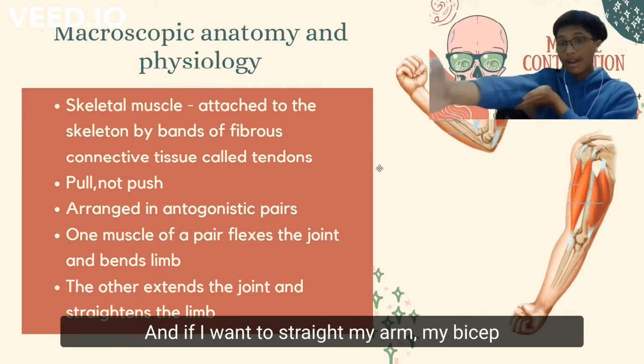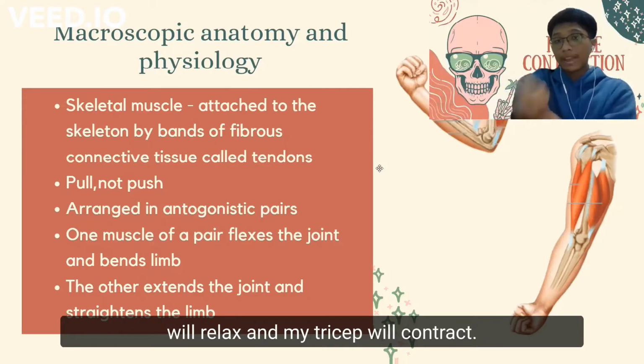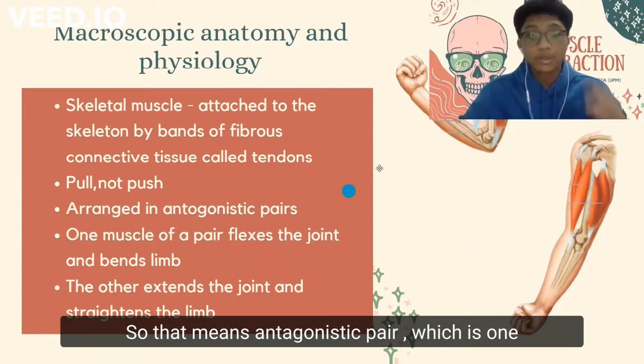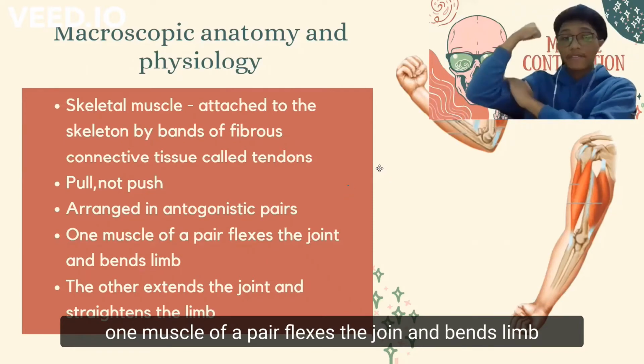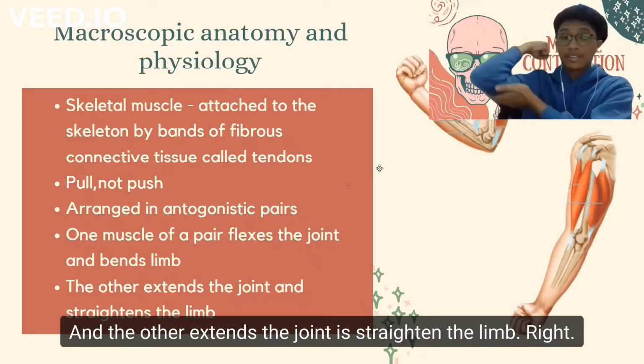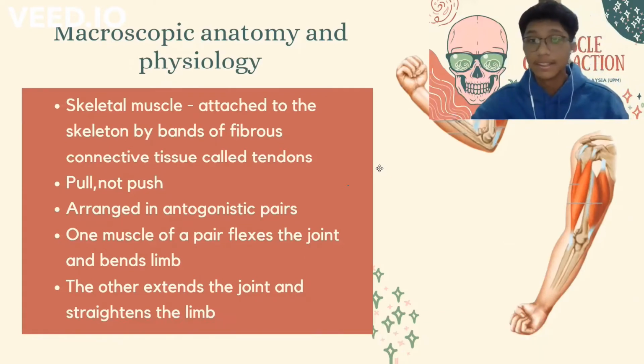And if I want to extend my arm, my bicep will relax and my tricep will contract. That's what antagonistic pair means: one muscle will flex the joint and bend the limb, and the other straightens the limb.